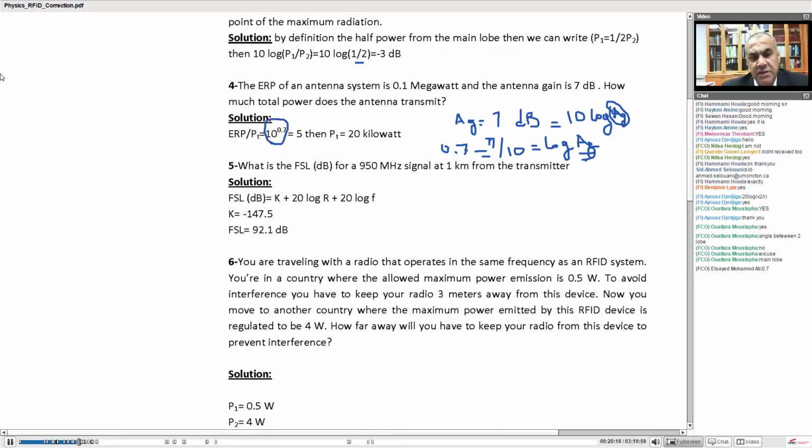So we use the formula. This quantity, if you calculate it, gives you 5. And then I will calculate PT by having ERP divided by 5. 0.1 megawatt is 100 kilowatt, and 100 kilowatt divided by 5 gives you 20 kilowatt.